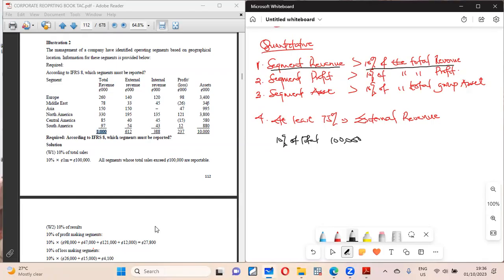Then which of the segments have revenue higher than 100,000? By this, we will have Europe at 260, Asia, and North America. So these three: Europe, Asia, and North America.